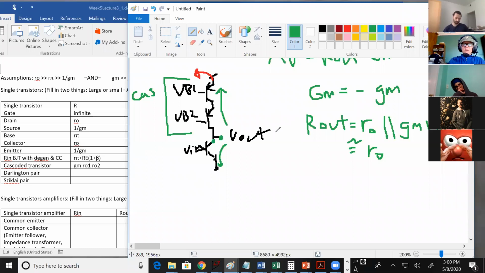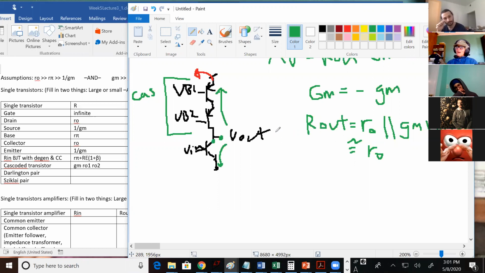Looking up, we have like RO squared, because the PNPs are cascoded, so they look like a giant resistor. But looking down, it's just RO. How could you make this better? Where's the weak point there? Maybe the resistance in the transistor on the bottom. Exactly.